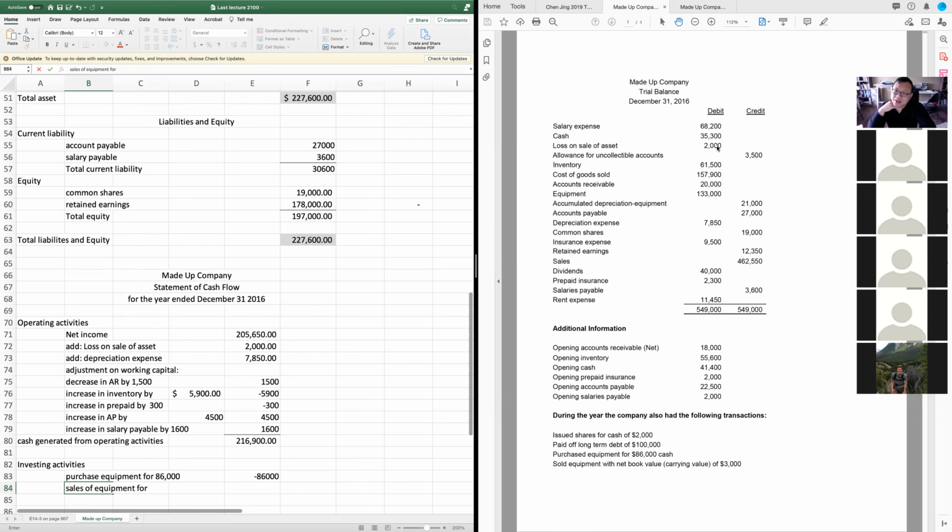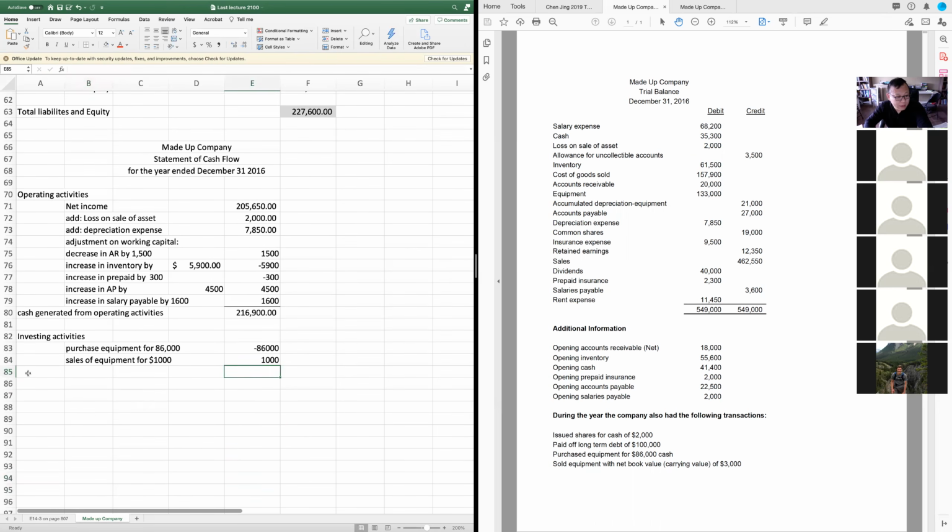So $1,000, right? Then you know you sold this equipment for $1,000, and that should be a positive 1,000.